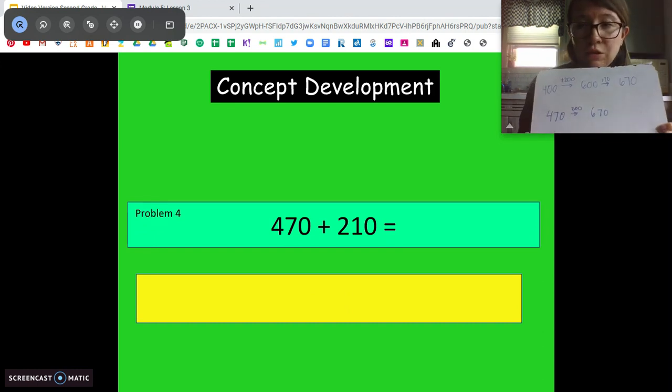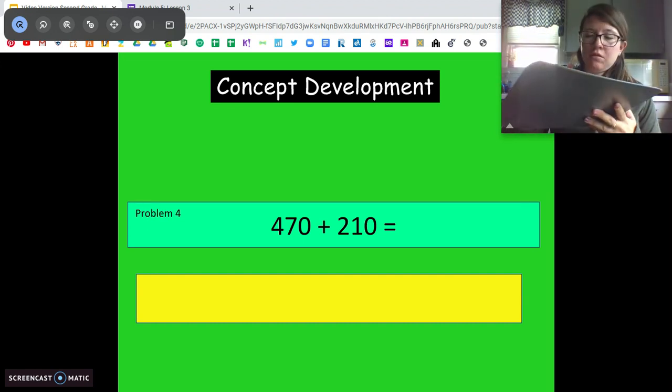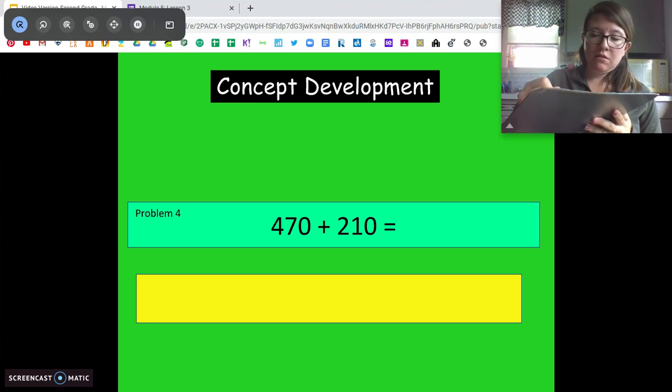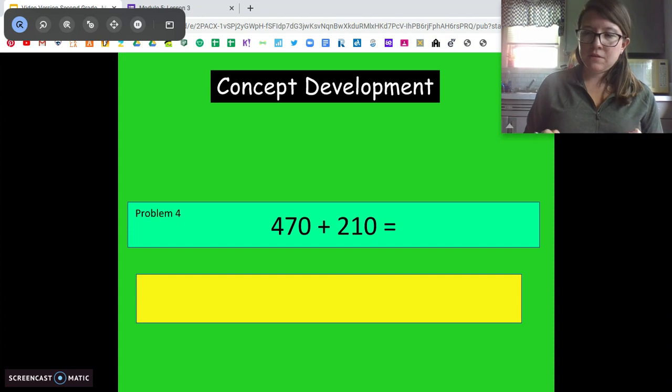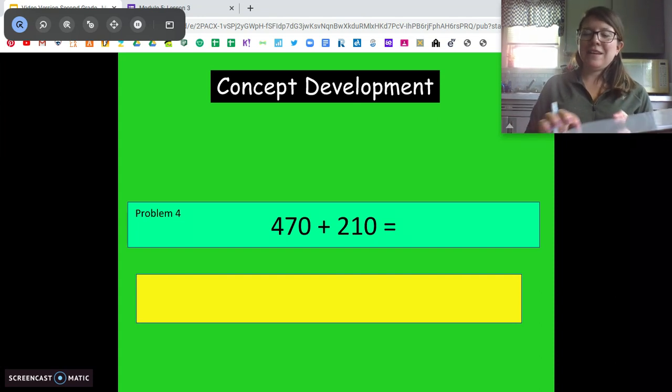Now try this one using what we know. 470 plus 210. Okay. What I'm noticing. What'd you notice? Yeah, me too.